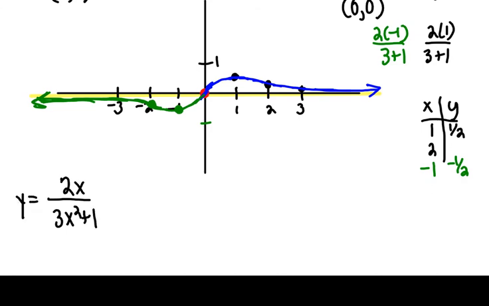If it's odd and it's got that symmetry, we put a negative in for x and a negative in for y. So 2 times negative x over 3 times negative x squared plus 1.